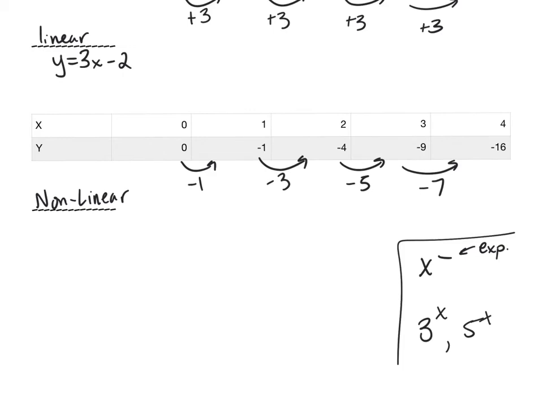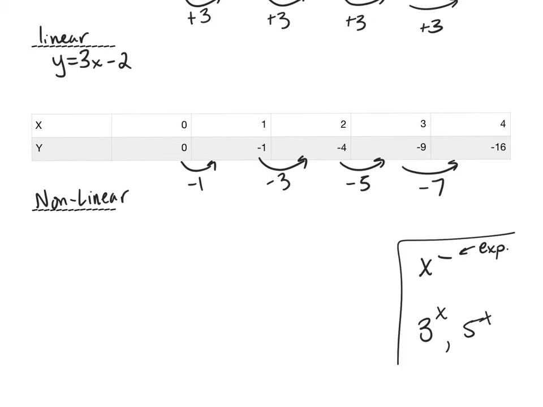So if I look up here, what's the exponent with that x? X to what power? The first power. Linear equations are x to the first power. You see x squared, that's the second power.